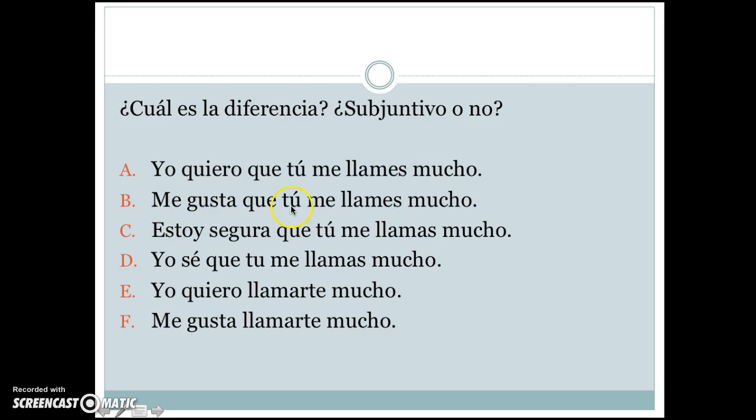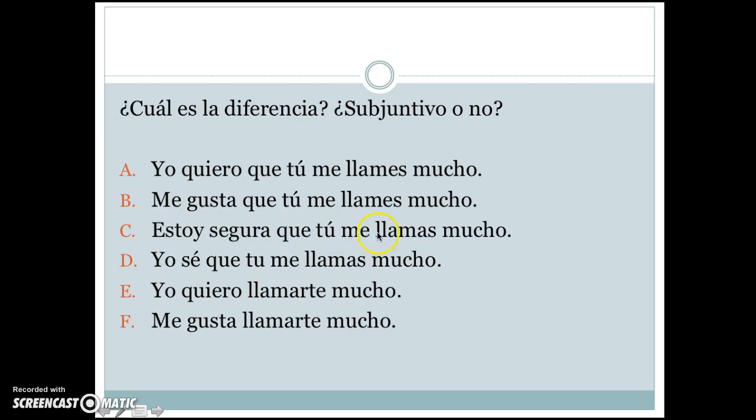Me gusta que tú me llames mucho. Well, we have subjunctive here again. Why? Because we have two different clauses, two different subjects. First clause this time expresses subjectivity. I like that you call me a lot. So the calling a lot, whether or not that is in fact happening, is not the issue at hand. It is all about this first clause and what it is expressing.